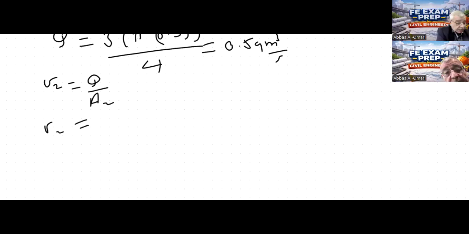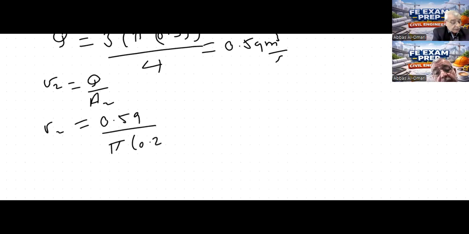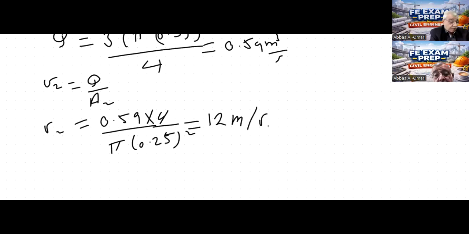Q is 0.59 divided by A, which is pi D2 square over 4, with D2 equal to 0.25. So 4 comes here. So we have V2 equals 12 meter per second. So this is the solution.